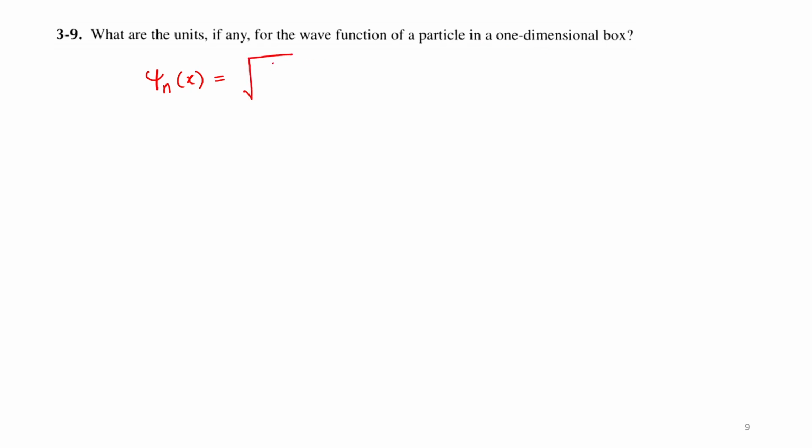So I am giving you the wave function, and this is the wave function. Can you tell me what is the unit of the wave function? Does it have a unit?